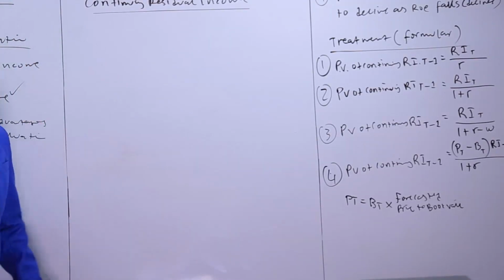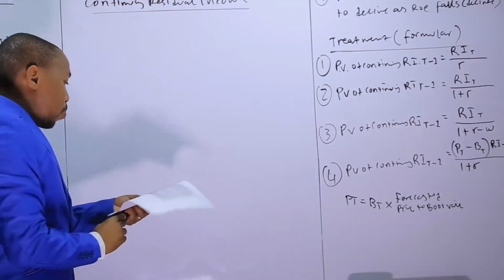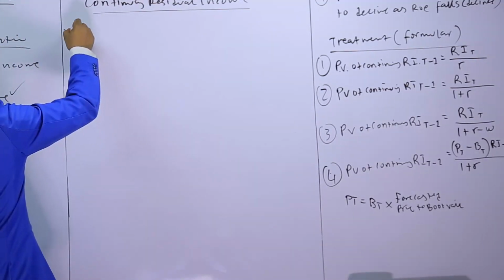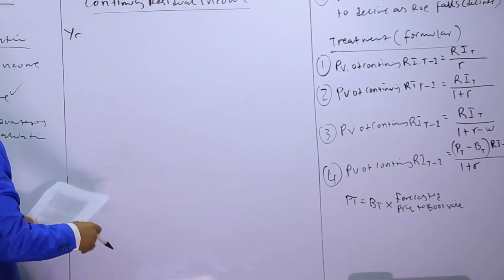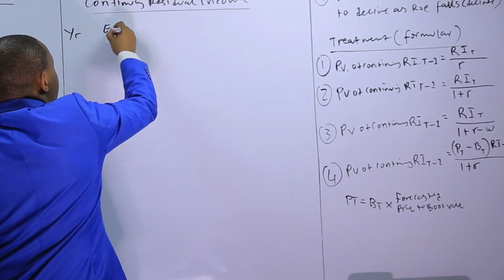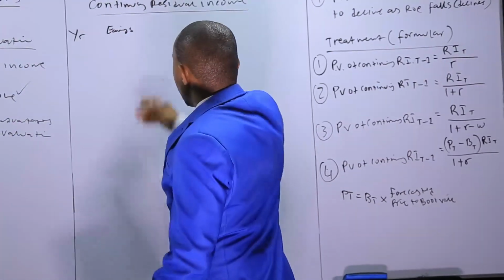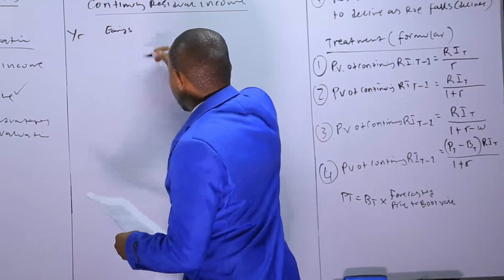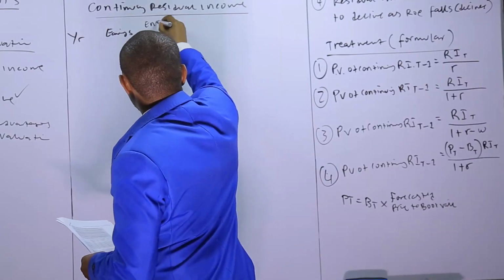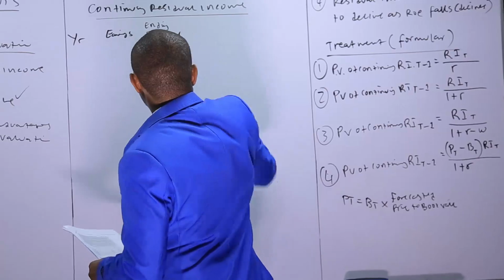We need a table so that we can explain how we get each component. So the table will be given as follows: the year. Then we have the earnings given to us there. Then we need another column that identifies the ending book value, like that.